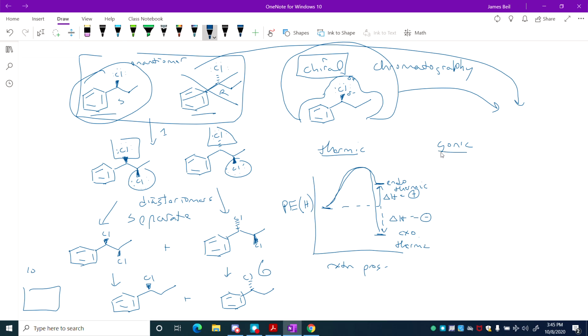Exergonic or endergonic has to do with plotting free energy versus reaction progress. So in Gen Chem, we mostly just focused on potential energy because we were mostly interested in the heat. Does this reaction release heat into the surroundings because it's exothermic, or does it have to absorb heat from the surroundings to make the products, meaning it's endothermic?